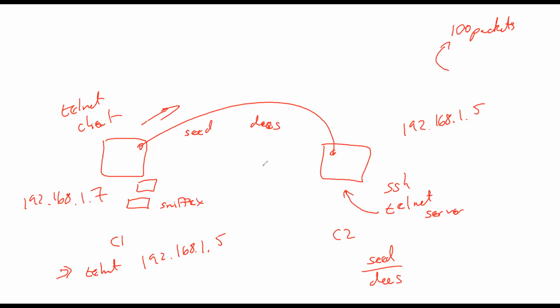Because telnet is unencrypted, you will see this. Usually telnet sends 1 character at a time, so it'll kind of list it as d, e, e, s. So your output will look like that. All right, and that's it. That's all you have to do for these problems.